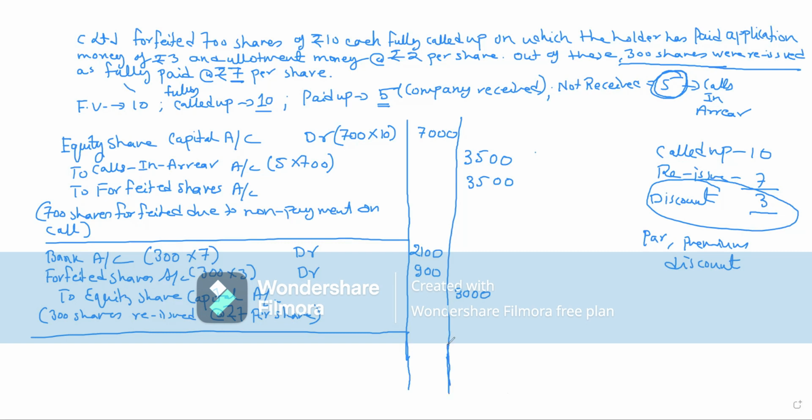Yes, sir. So now tell me, at how much did you reissue? 7 rupees. Now next, forfeited shares account debit to capital reserve account.